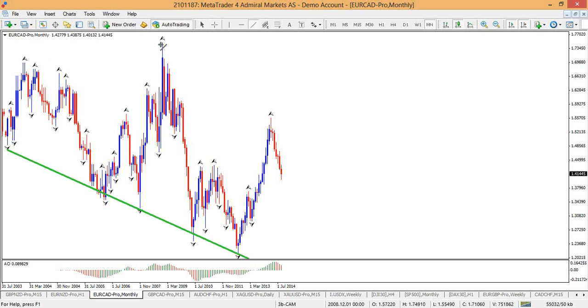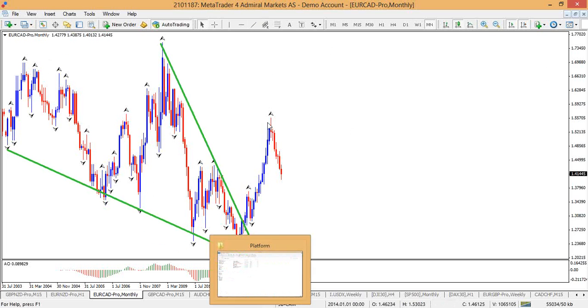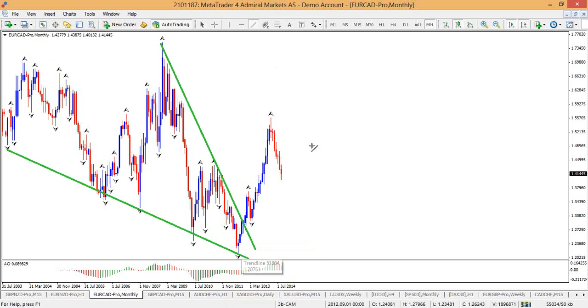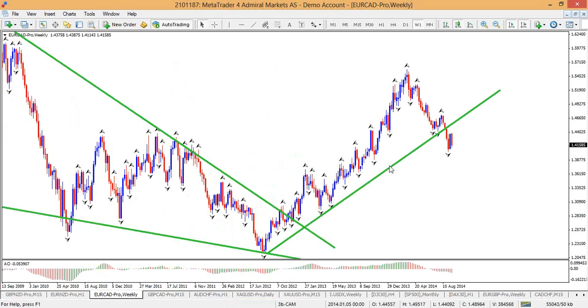What else? We see maybe here this pattern, falling wedge broken. Something like that for the moment. I don't know, not that valuable. Let's take a look at the weekly.